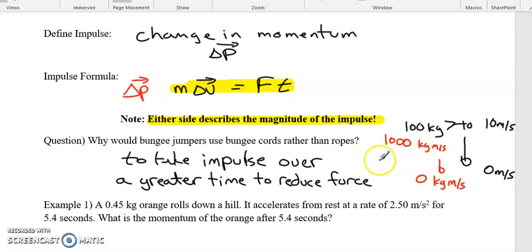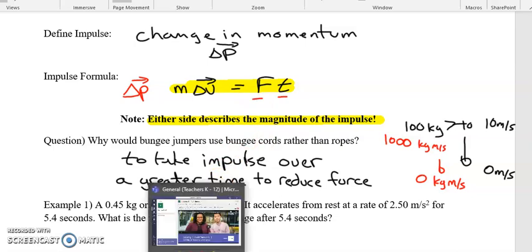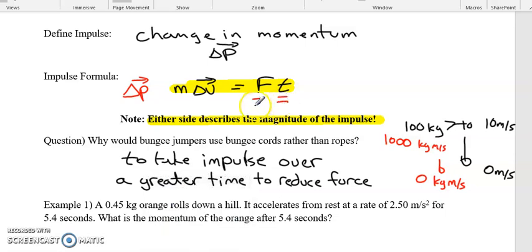We're seeing a change of 1,000 kilogram meters per second in terms of the momentum. If you take that over 1 second, you're going to see 1,000 newtons of force. If you take that over 10 seconds, you're only going to take 100 newtons of force, because the multiplication of force and time is also going to get you momentum. Notice that means that newton seconds is also a viable unit for momentum as well as impulse.